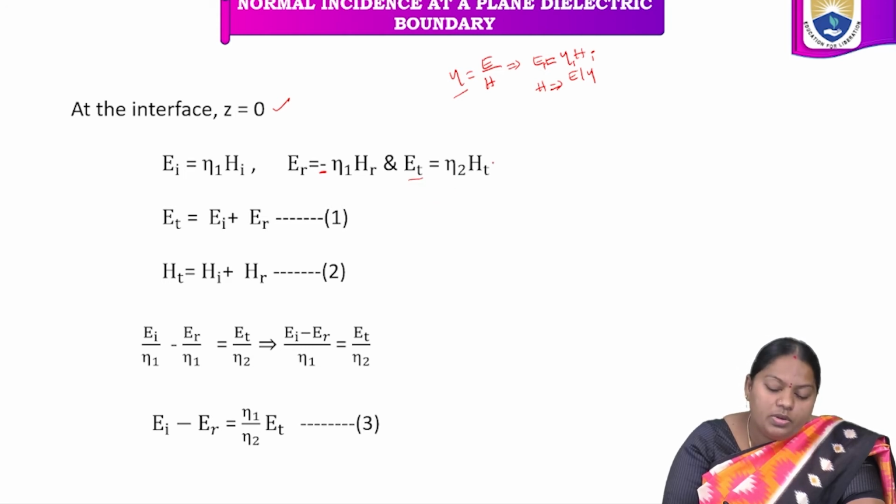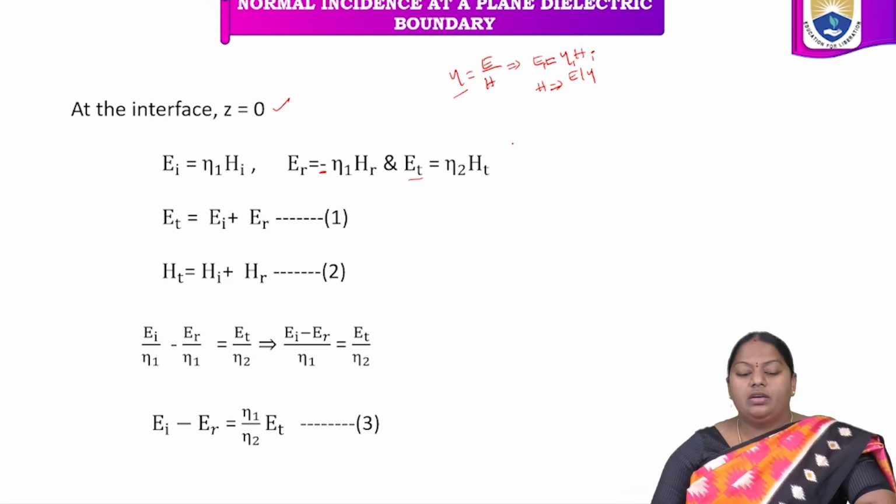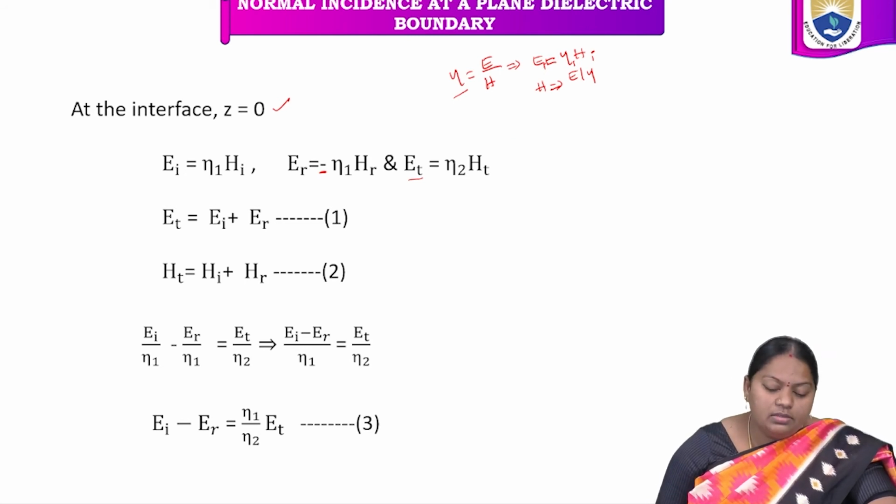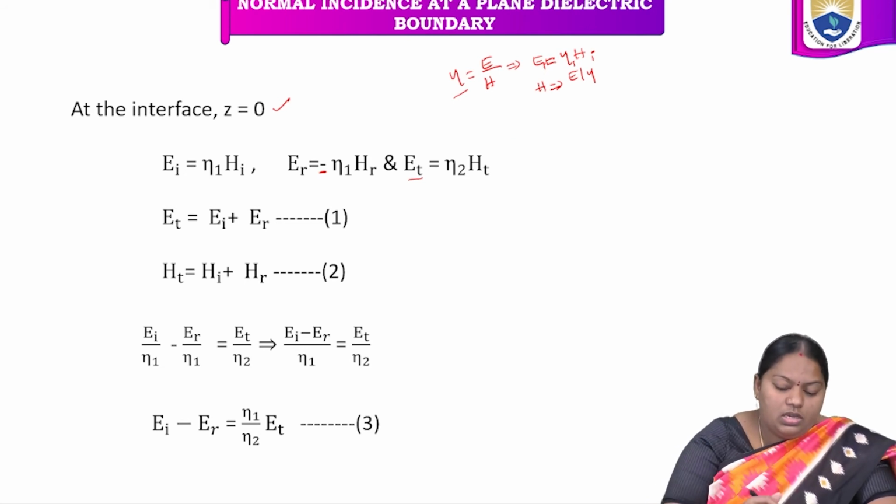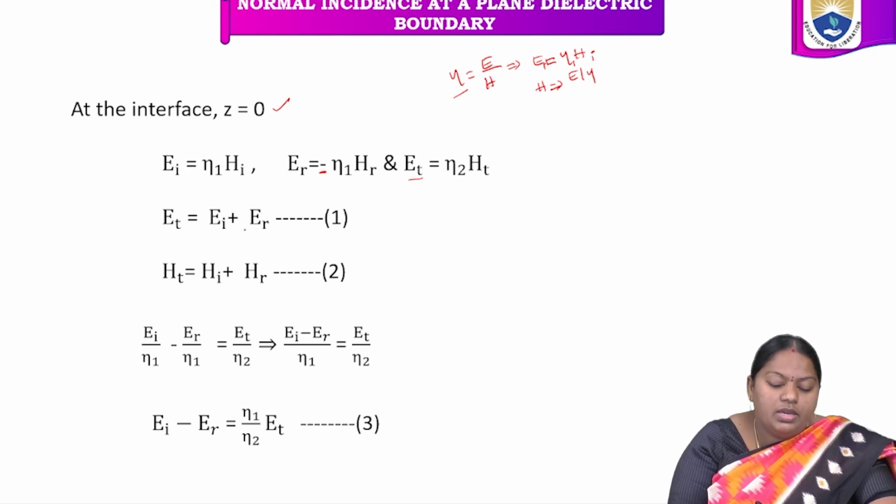Right. So based upon these three relations, EI, ER and ET, we can write the wave equations mathematically as ET equal to EI plus ER. Why? Because according to the boundary conditions, E1 is equal to E2, let it be E1t equal to E2t. So in medium 1, what are the two waves which exist? EI plus ER, and in medium 2 we have only the transmitted wave, hence ET equal to EI plus ER.